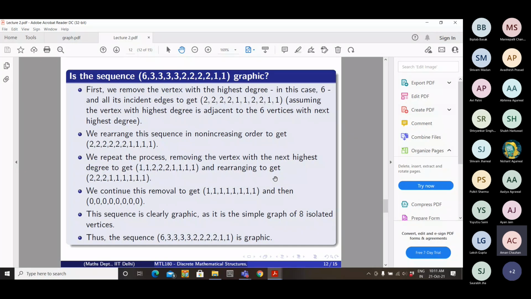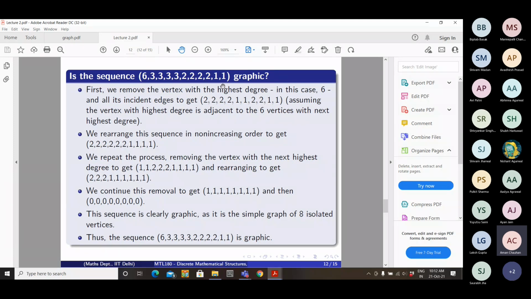So it should have 4 edges, and each vertex will be incident to exactly one edge, and since one edge has 2 ends, means one edge is incident to 2 vertices, so we have 4 edges. If we remove all the edges, we will get all the vertices as isolated vertices. So this sequence is graphic, and therefore by the Havel-Hakimi theorem, the previous sequence is graphic, and so on and so forth.